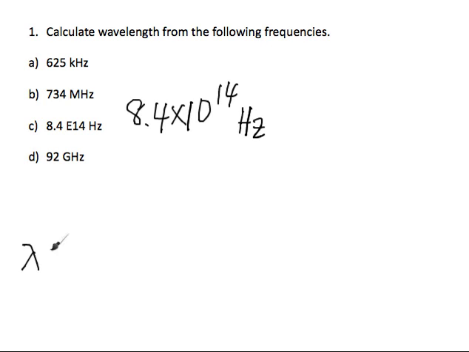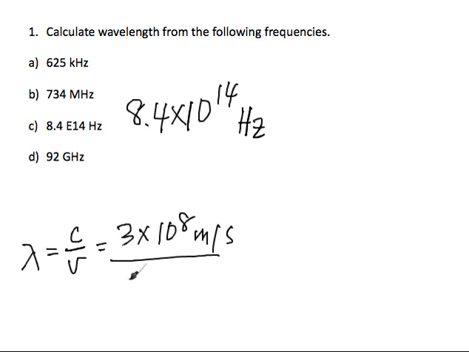So again, using our equation, we can do lambda equals c over frequency. So 3 times 10 to the 8th meters per second over 8.4 times 10 to the 14 hertz. So again, hertz and seconds can cross out. Plug it into your calculator.